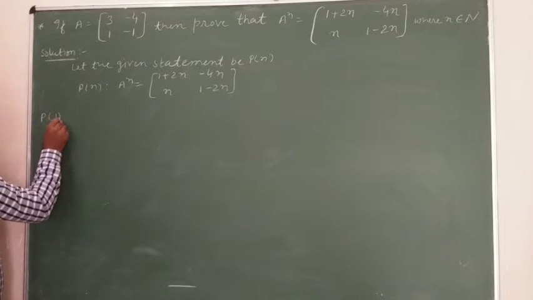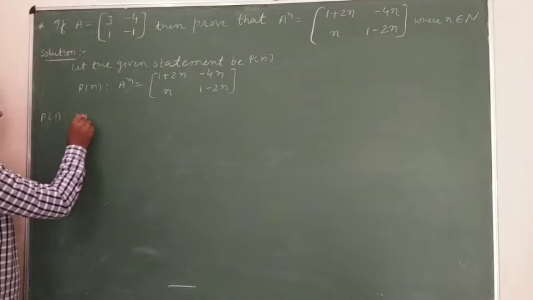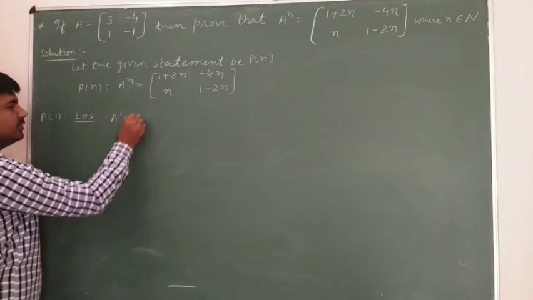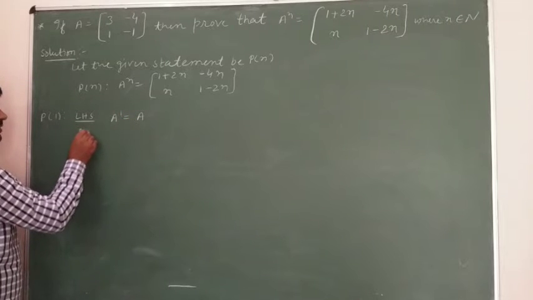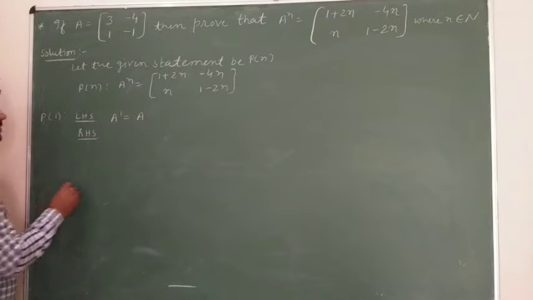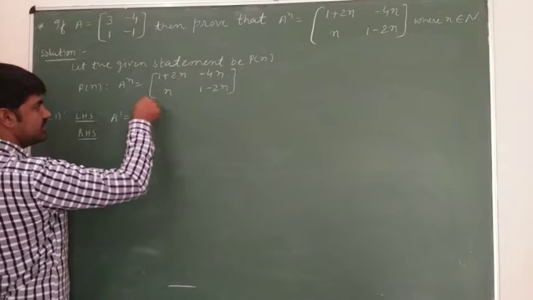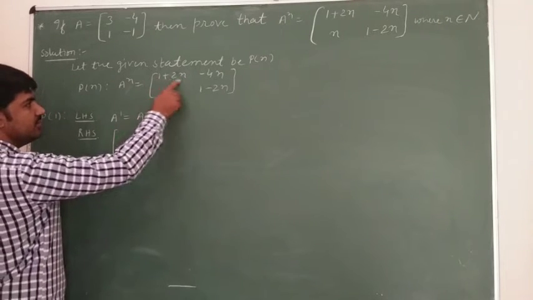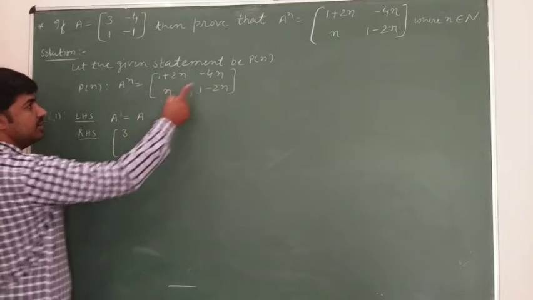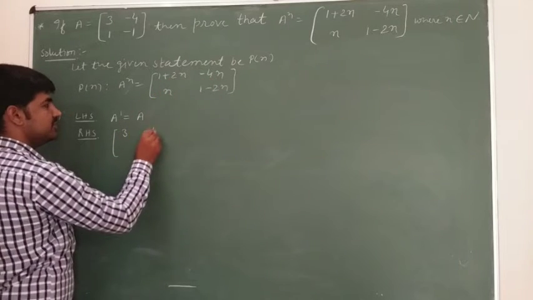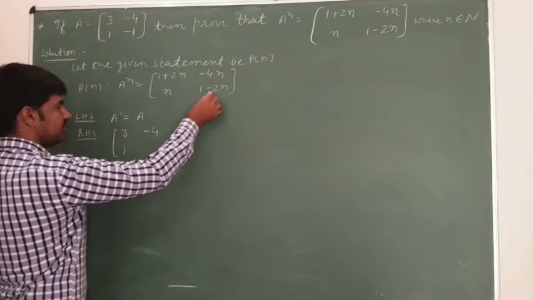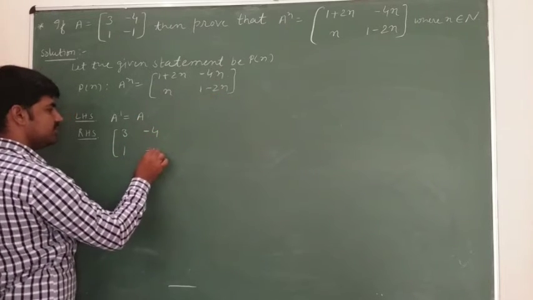So finding P1, LHS of P1 is A raised to the power 1, which is equal to A only. For RHS of P1, put n equal to 1. We get 1 plus 2 equal to 3, then minus 4 multiplied by 1 equal to minus 4, 1, and 1 minus 2 multiplied by 1 equal to minus 1.